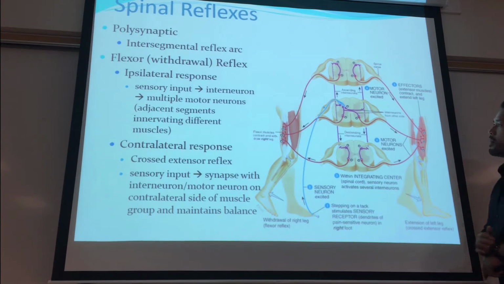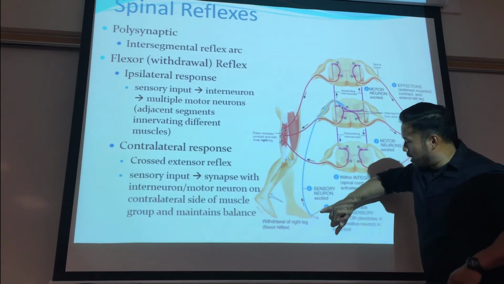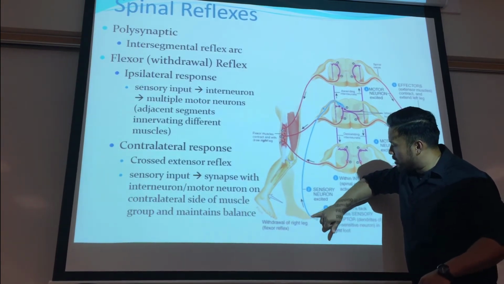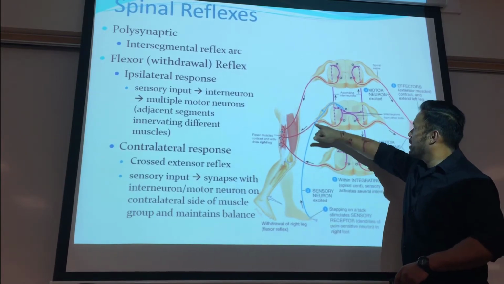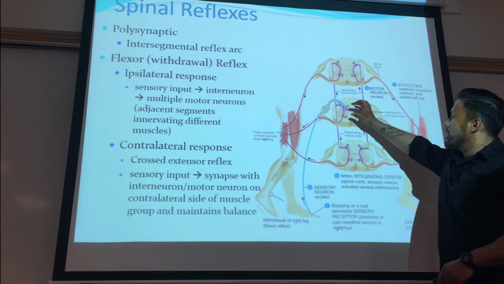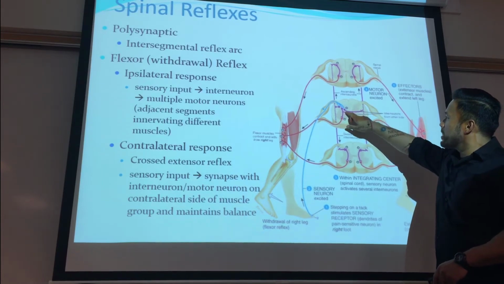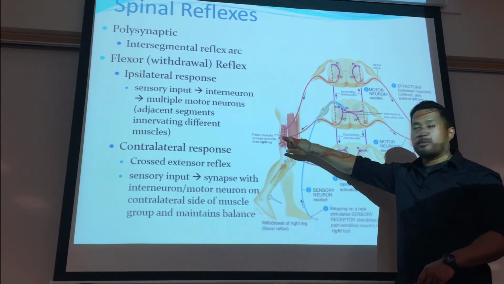And so this is going to involve the hamstrings. So here you'll see the response of the toe. You'll see the sensory neurons coming back in. It's going to innervate the interneurons that will come in and target the hamstring.